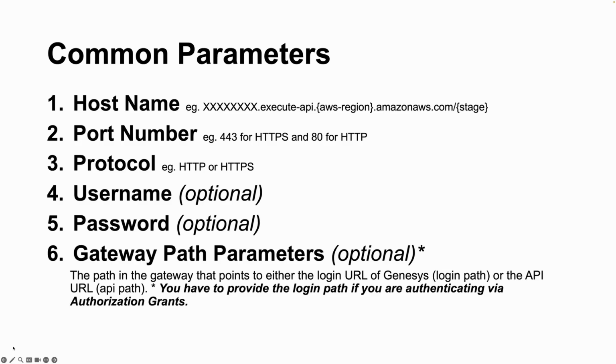You'll be needing the login path and set it up in the API gateway if you're authenticating via the authorization creds, particularly the client credentials, which is likely that you'll be needing with the CXS code.